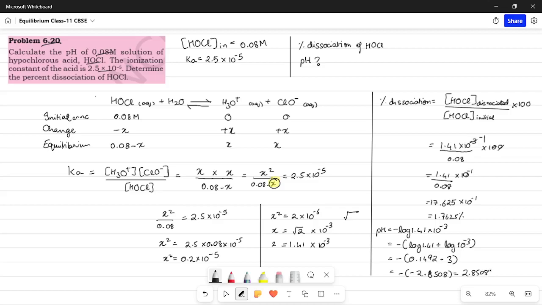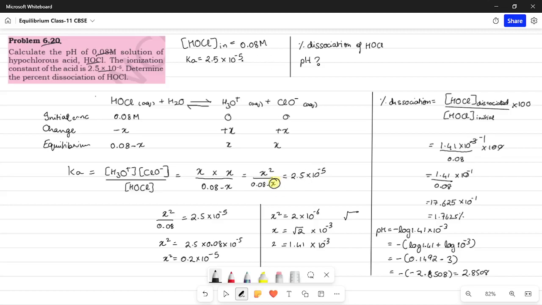So all we did was we figured out the equation, and this is very important. You need the tabular form to be able to calculate the concentration of H3O plus. We also ignored this X because it's a weak acid.